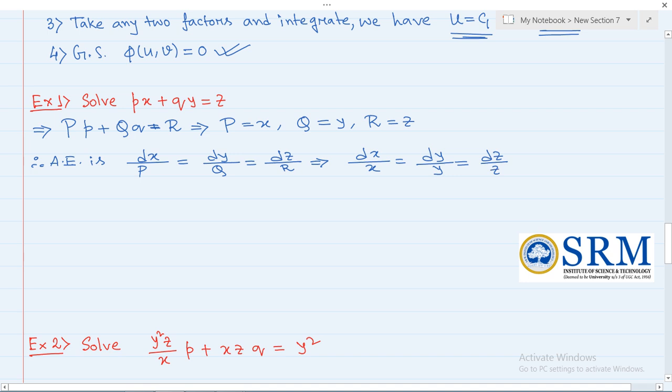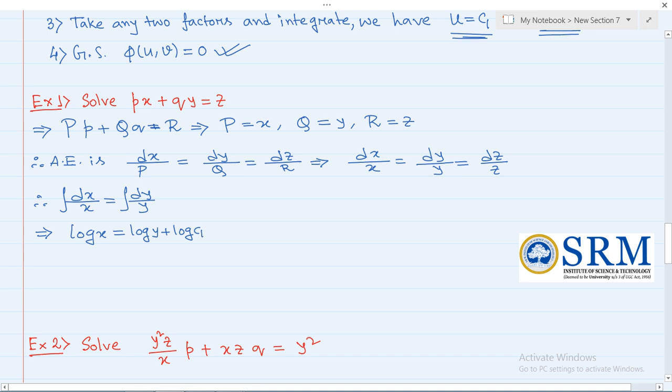Now I can take any two factors. Say I am taking dx upon x with dy upon y. Now I can simply integrate it. So what I will get is log of x equals log of y plus log of C1. This log C1 comes from the integrating constant.